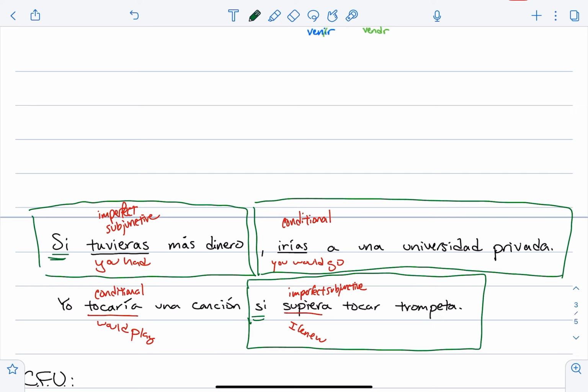You can end your sentence with the result, or you can start your sentence with what the result would be. So it doesn't matter the order of the sentence. What matters is that you put the conditional with the result and the imperfect subjunctive with the if. Remember, the word if in Spanish is si with no accent.